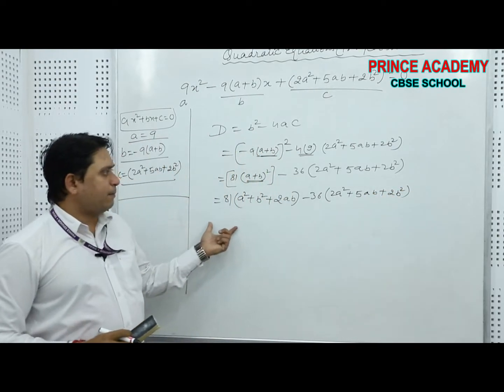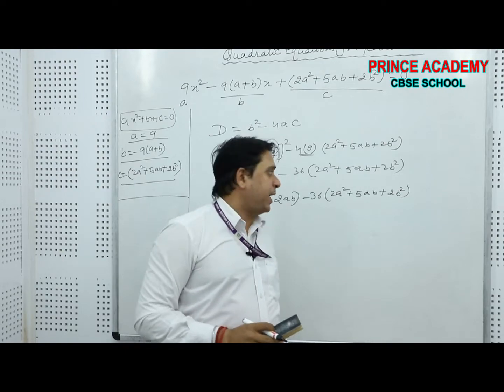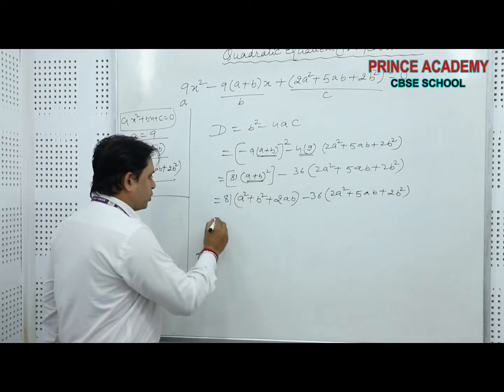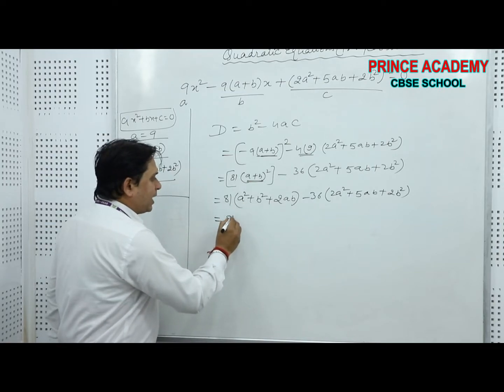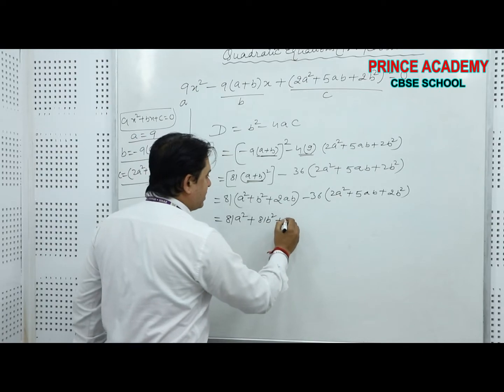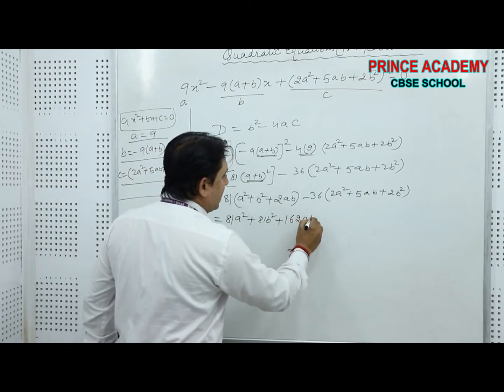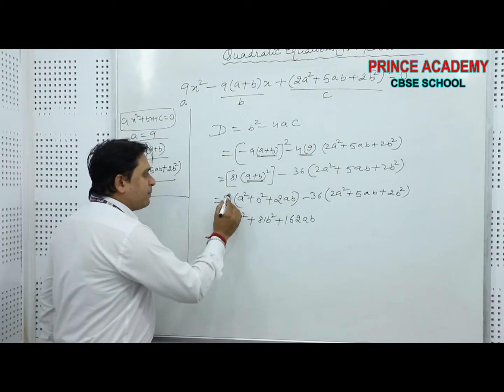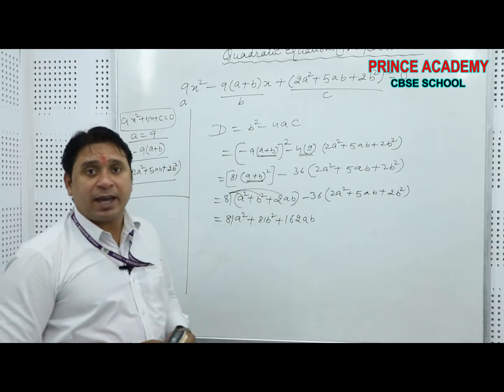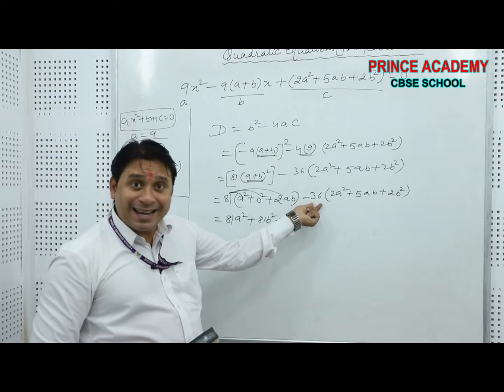Here in this step we will open the brackets and multiply the 81 and 36 respectively. Okay, now see, multiply with this: 81a square, 81b square plus 162ab. Yes or no? 81 is multiplied by this and this. In the same way, we will multiply minus 36.